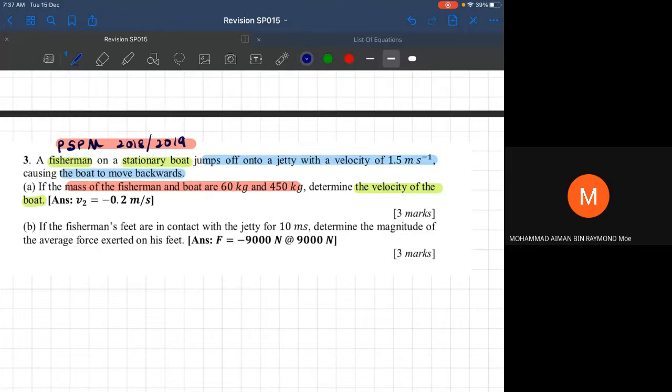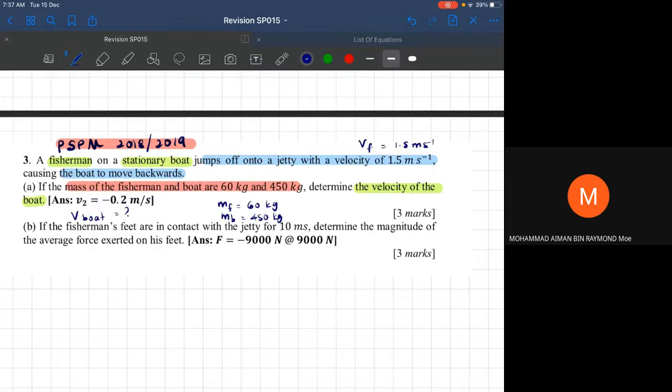We have mass of fisherman equals 60 kg, mass of boat equals 450 kg, and then velocity of fisherman 1.5 ms^-1, and then we want the velocity of the boat.